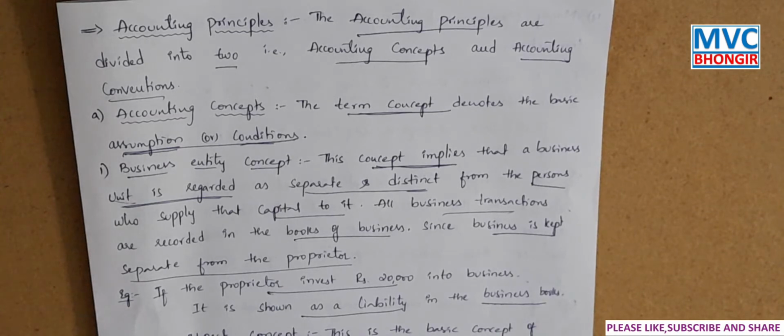The proprietor will be treated as a creditor to the extent of capital provided by him. The concept of separate entity is applicable to all forms of business organization such as sole trader concern, partnership firm, companies, etc.